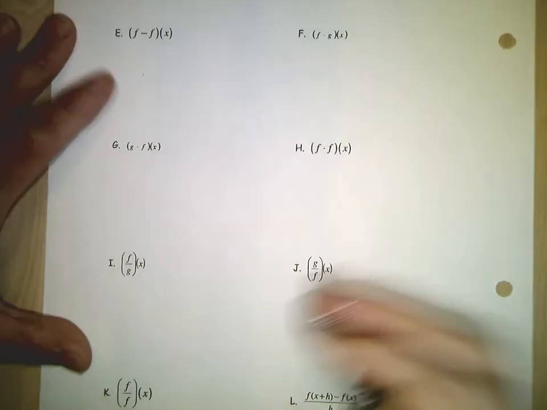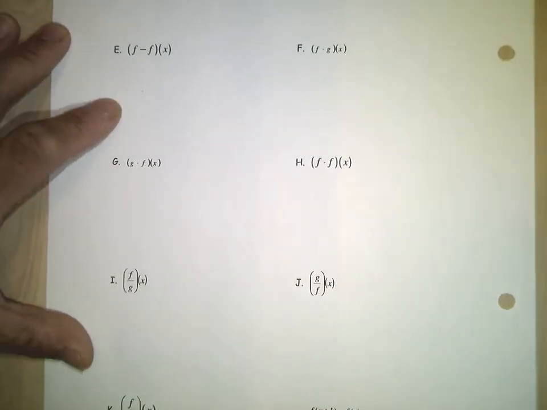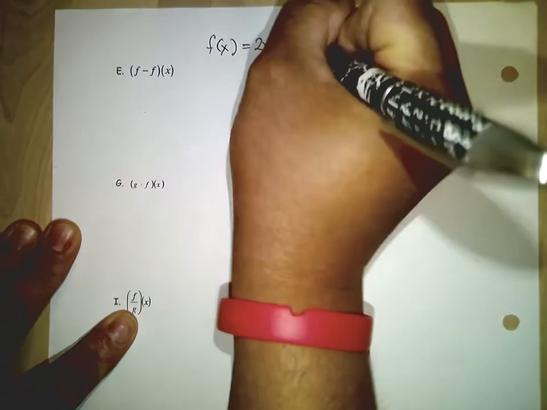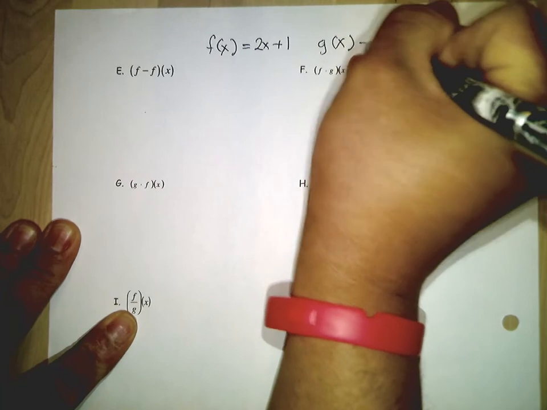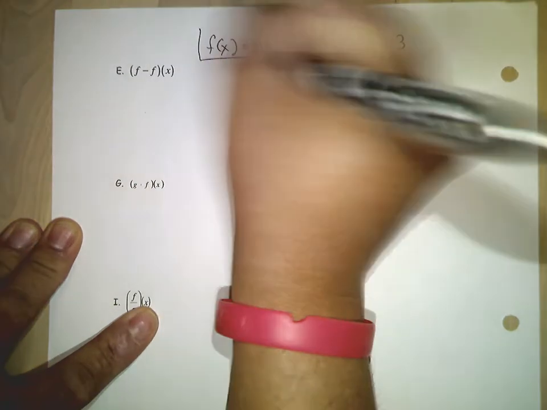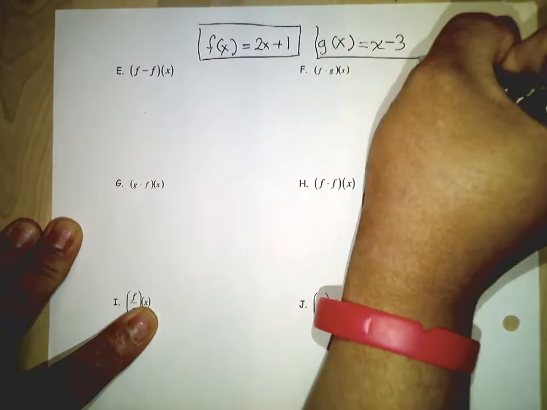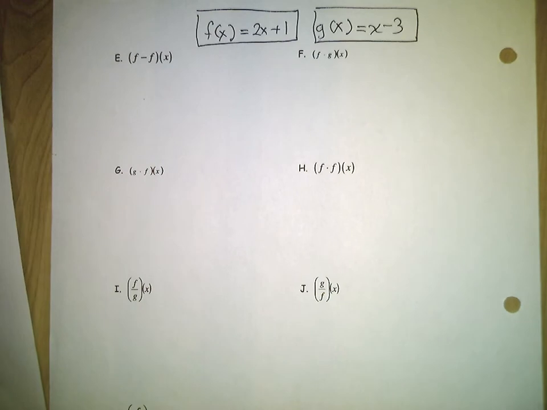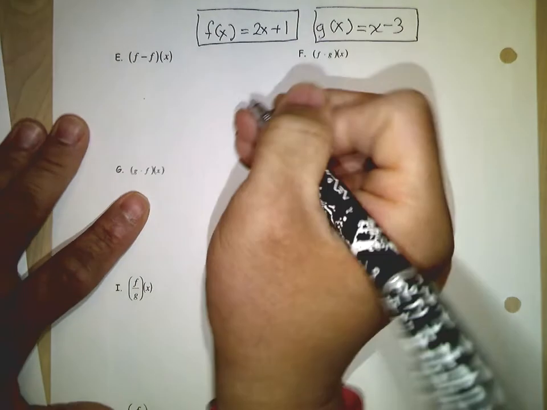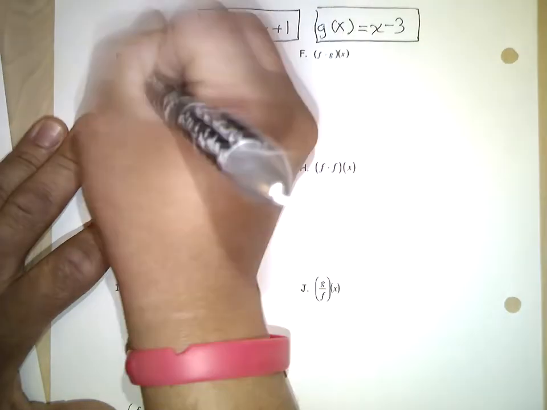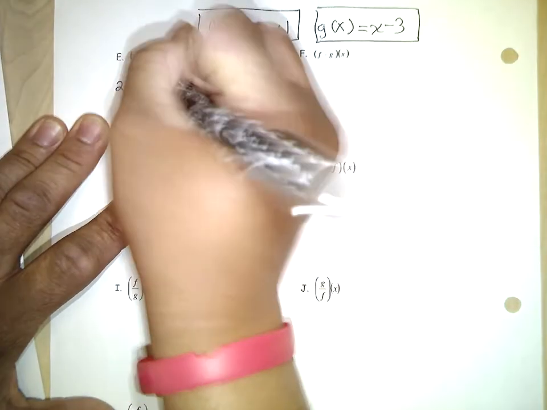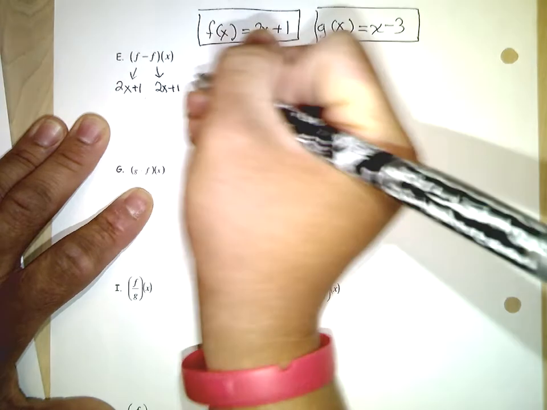So, E. Now, what I am going to do, though, on the top of this page, is write down what the functions are from the last page so that I don't forget. These will change for every problem, but these are all parts of the same problem here. So for E, f minus f of x was 2x plus 1 and 2x plus 1.